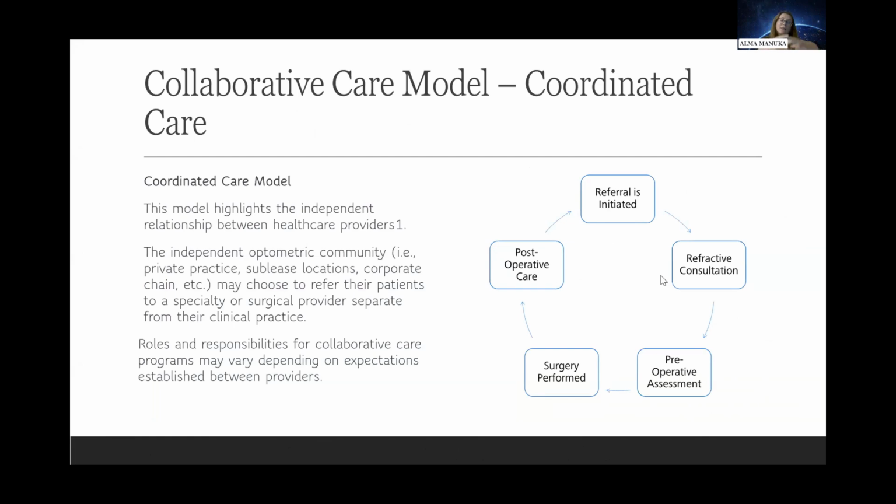In most cases, they can handle many of the topics of primary eye care by themselves. And it works like this: they have their independent practice, they do primary eye care, sometimes they are specialized, and when they encounter patients who need special care, they will refer to an ophthalmologist or to a surgeon.